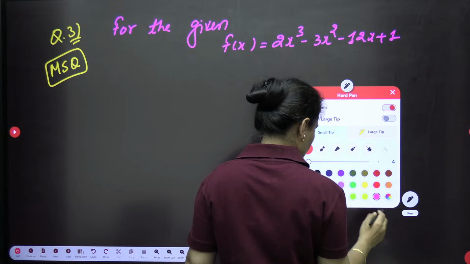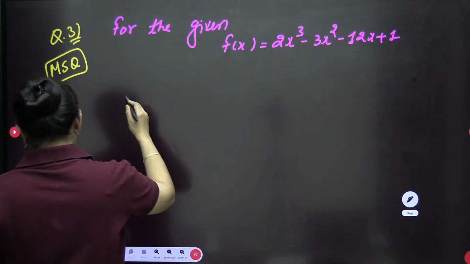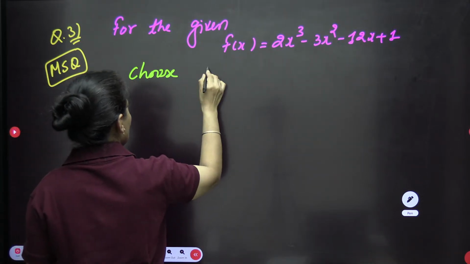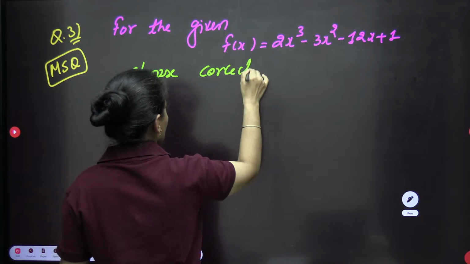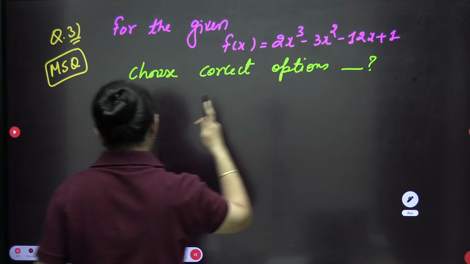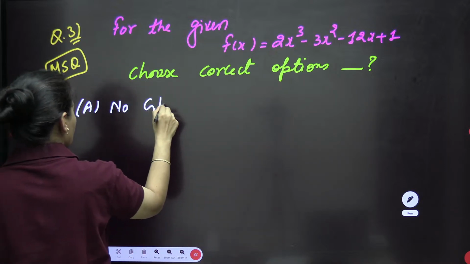For the given function, choose the correct options. The options are interesting. No global maxima.